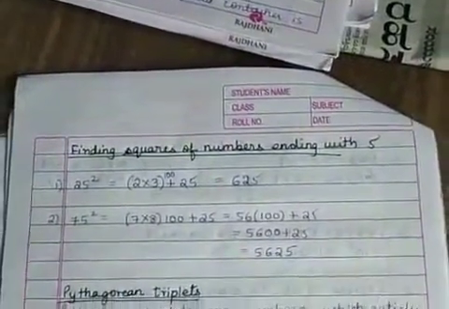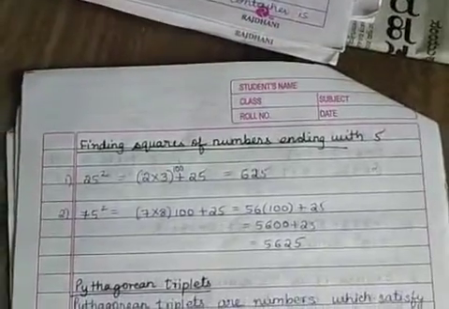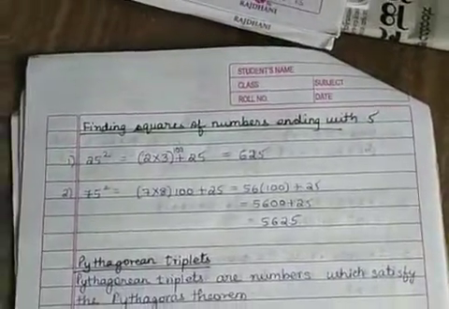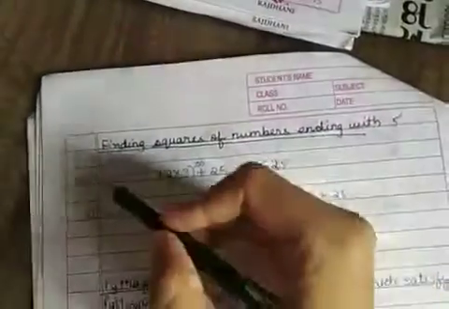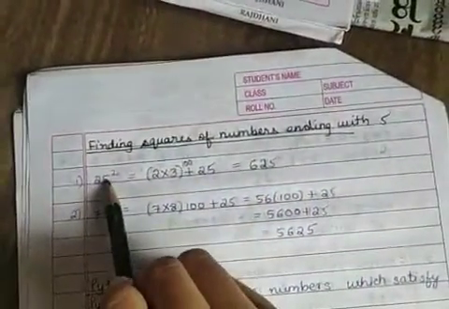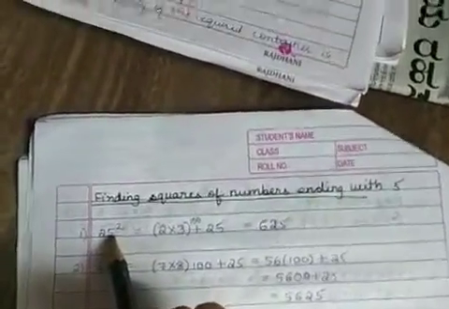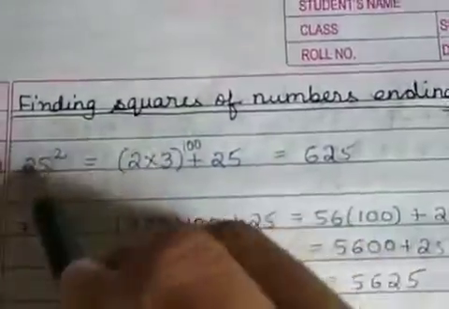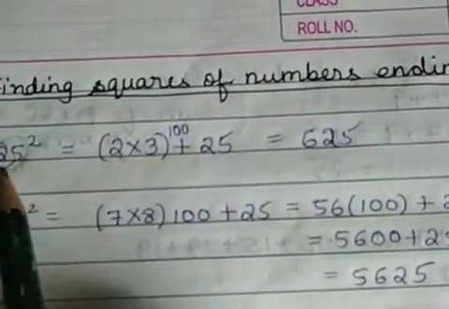Now here there is a special case, or you can say a trick, which can be used to find the square of numbers which are ending with 5. For example, say you have 25 square. If you want to find 25 square, what we do is, here there is 2, right? So you multiply 2 with the number after 2.